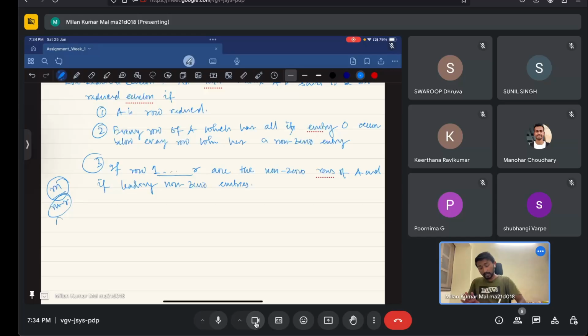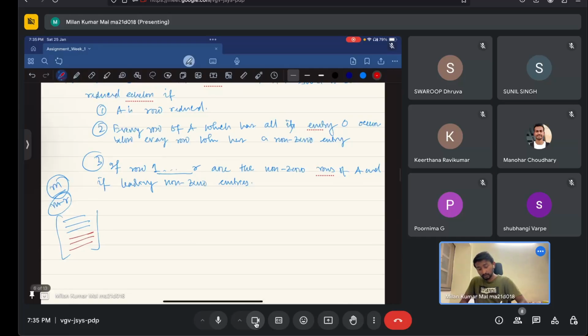So we have the first r rows non-zero, and after that we have the zero rows, right? The first non-zero entry of row 1 will be at some position 1 comma k. That first non-zero entry is 1 because the matrix is row reduced. Okay, I think this is clear.